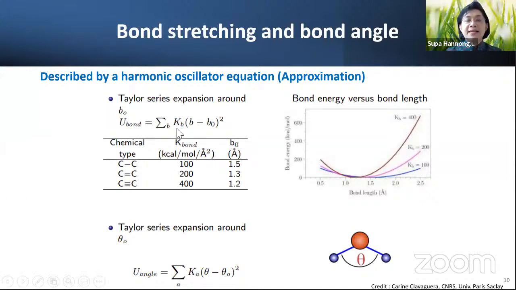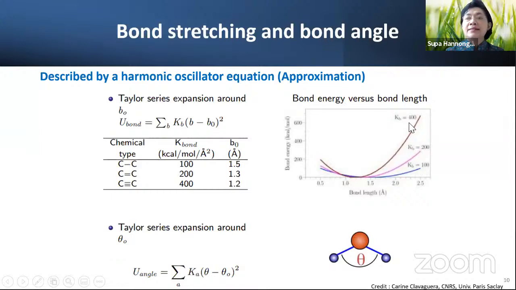KB over here. And for the prediction of the bond energy, when we have the equation, we can predict the bond energy of the triple bond, double bond, and single bond, like this. You can see that this is the shape of a harmonic oscillator.